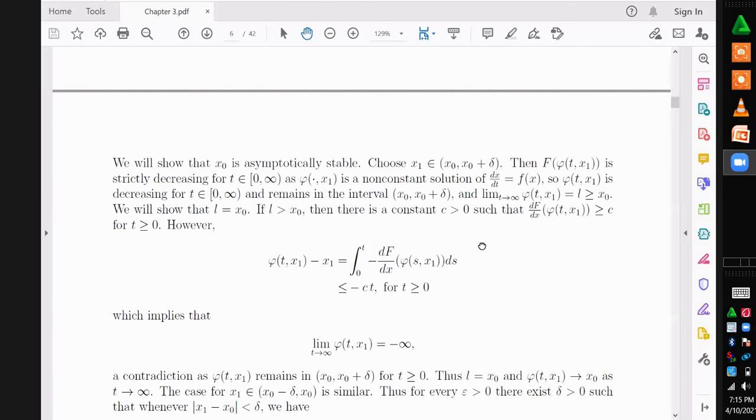So we show that x naught is asymptotically stable. Choose some x1 belonging to (x naught, x naught plus delta).